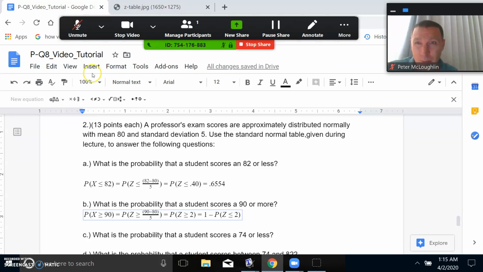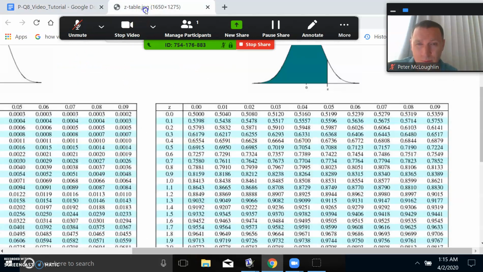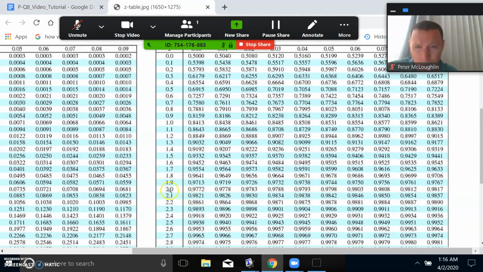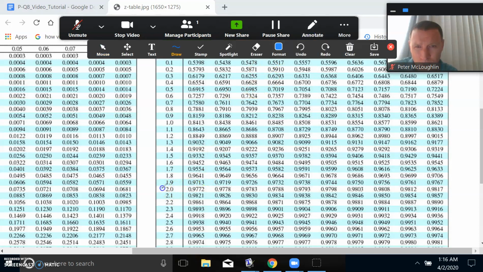So let's look at our table. So we're looking for 2 on the table. So 2.0, let's scroll down here. There's 2 right there. So 2 is there, and it's 2.0.